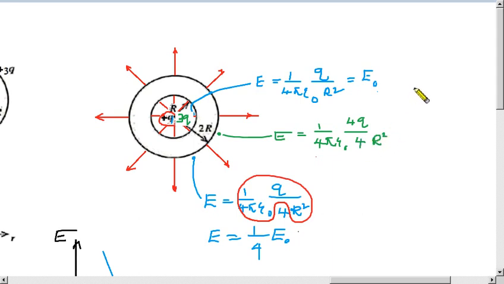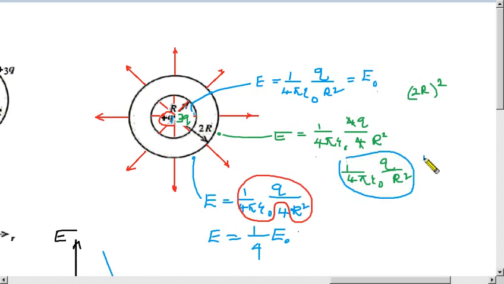Then this one cancels. Then we get 1 over 4 pi epsilon naught, Q divided by R squared. So that is equal to what? E naught, the previous one. That is equal to E naught.